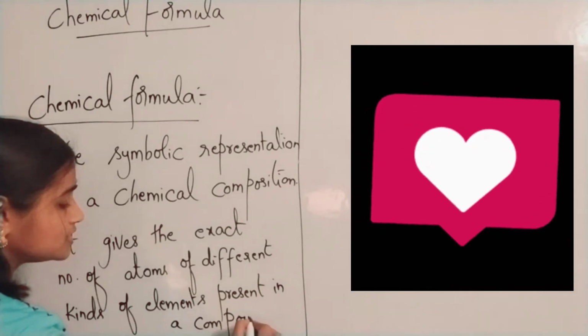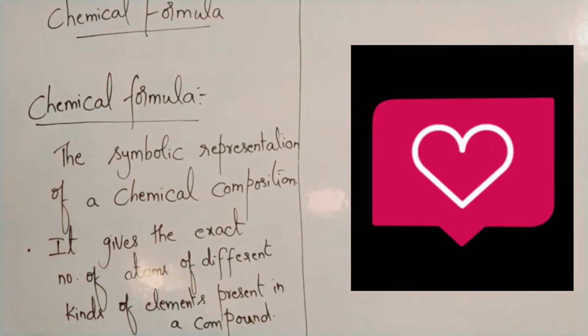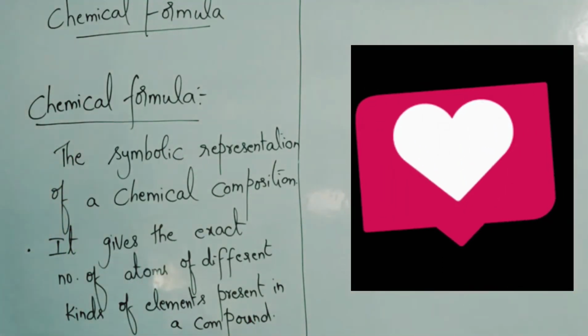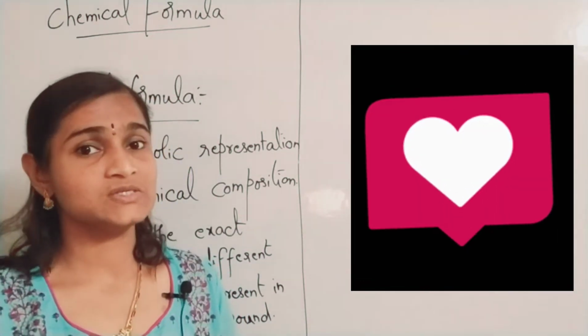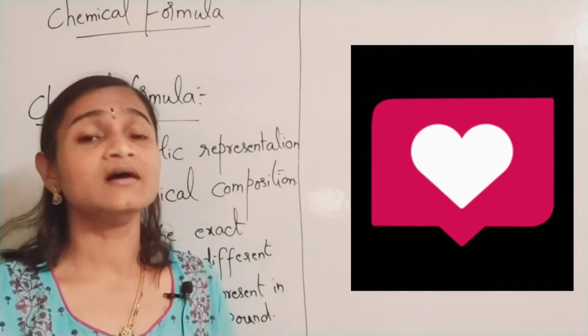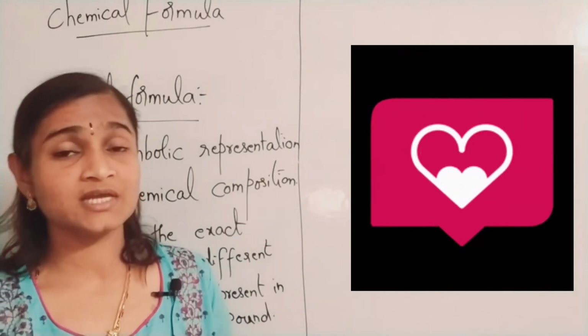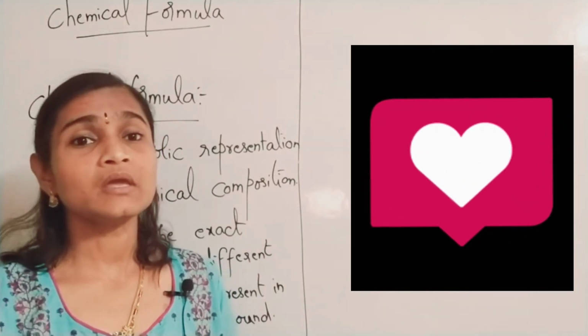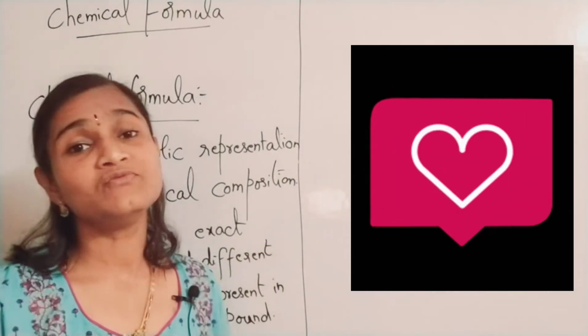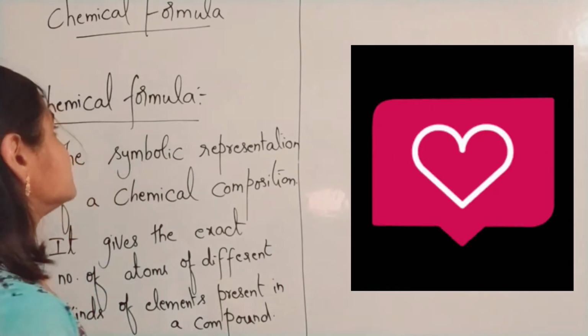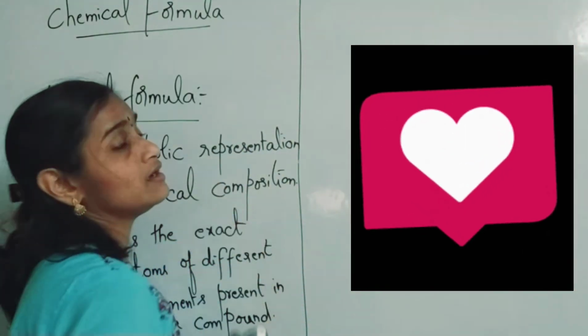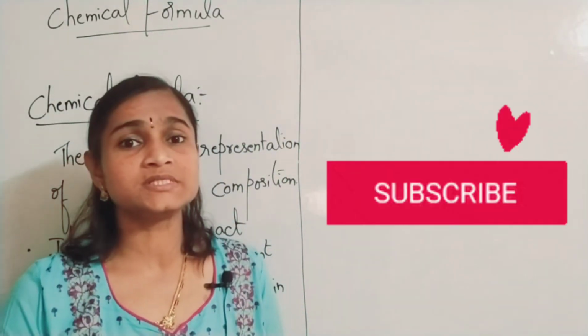Okay, so this is very much important. We have to learn about chemical formulas, and most of the chemical formulas we have to memorize also. In order to understand different types of chemical reactions and all, we have to be thorough with chemical formulas of different compounds. Right. So you all know about types of compounds.